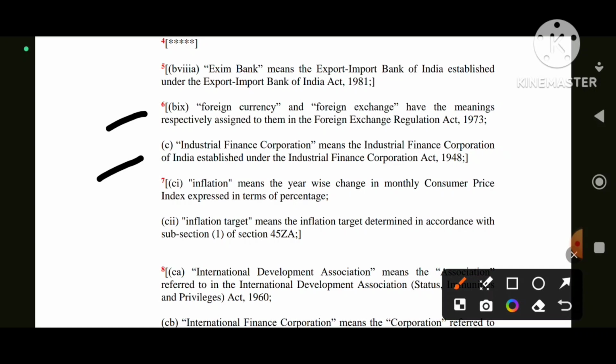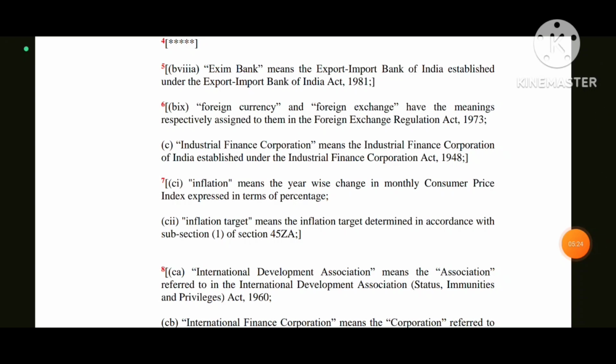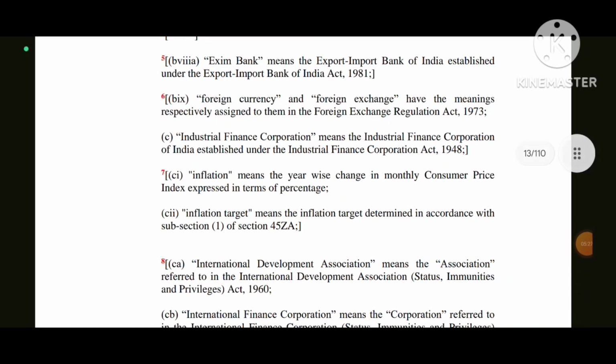Then the next clause is C1, the term inflation. Inflation means the year-wise change in monthly consumer price index expressed in terms of percentage. Inflation target means the inflation target determined in accordance with subsection 1 of section 45ZA.